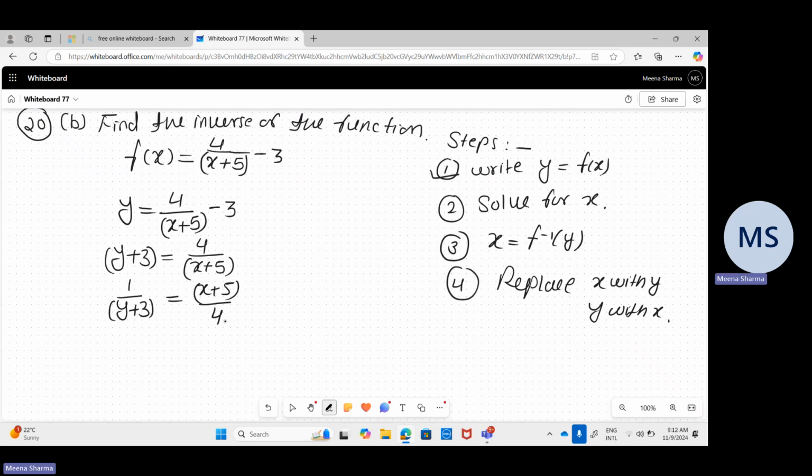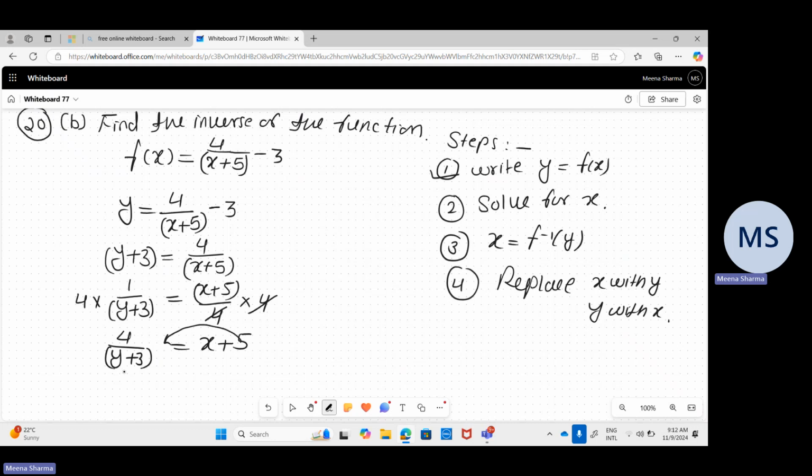Now we are finding x, and we have to eliminate 4 from one side. So we have to multiply both sides by 4. So it becomes 4 upon (y plus 3) equal to x plus 5. Finding x, so this will move that side.